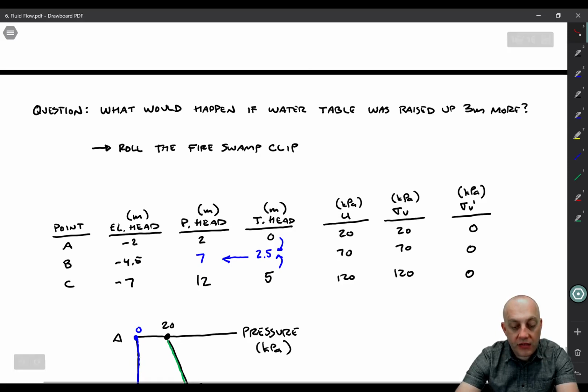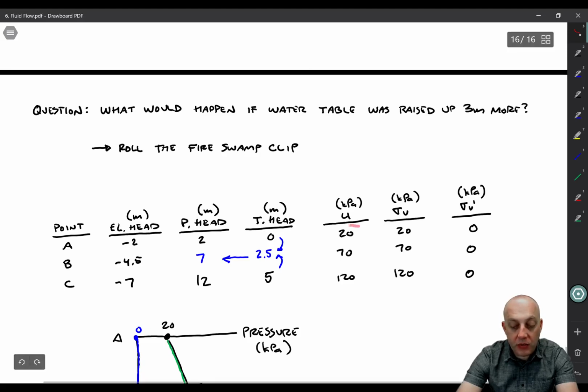It started at 7, but we've raised it 2, and then we raised it an additional 3, so it's gone from 7 up to 12 meters. The elevation head is -7, therefore the total head is 5. All right, and then we can linearly interpolate the total head at point B, and it's 2.5, so the pressure head is 7 at point B.